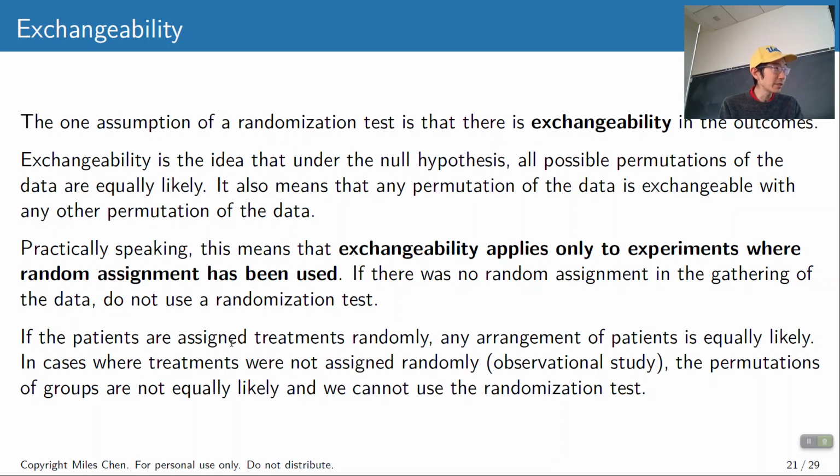At a practical level, exchangeability applies only when you have an experiment and random assignment of treatments was used in the experiment, right? If there was no random assignment of treatments, then exchangeability doesn't apply, and you should not use a randomization test.